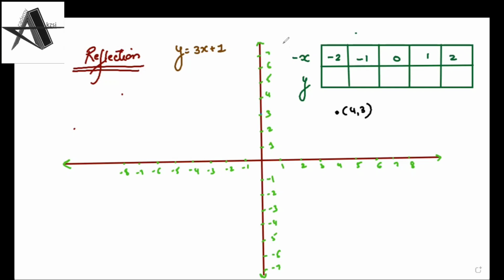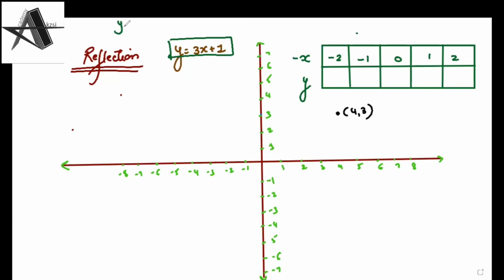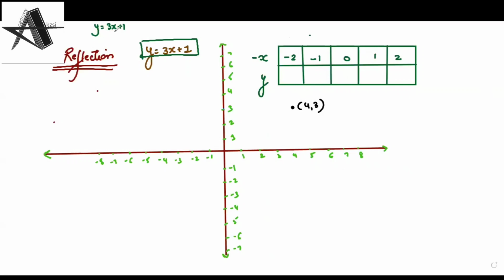Since you have selected the value of x, now you have to put the values of x in the given equation to get the value of y. This is our given equation. I have to put the values of x one by one to get the value of y. Y equals 3x plus 1. I need to put x here, which is -2 in the first case.